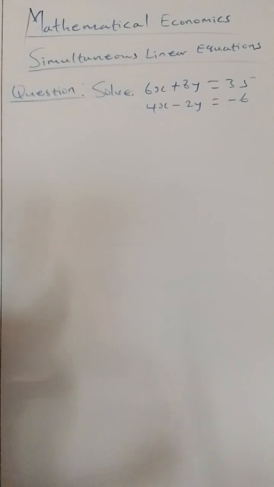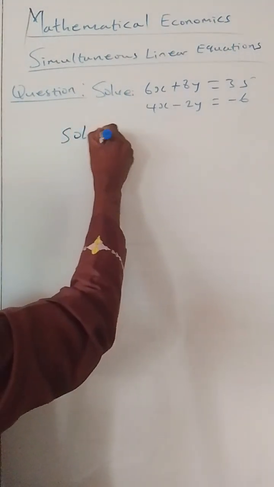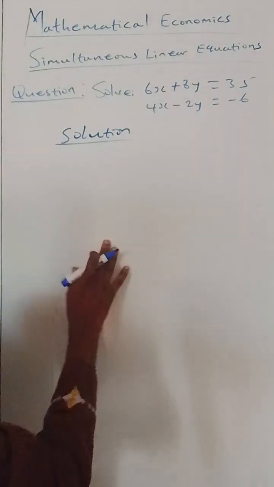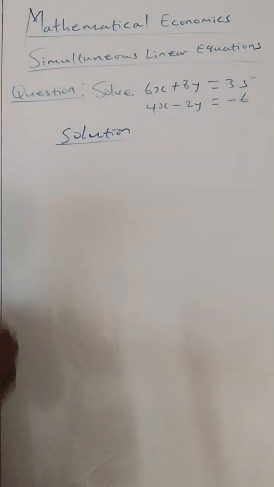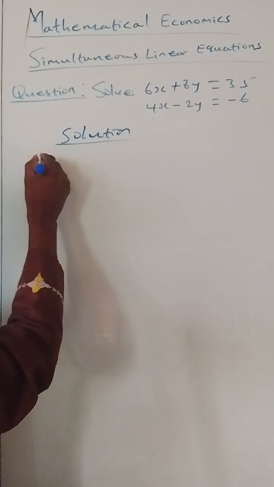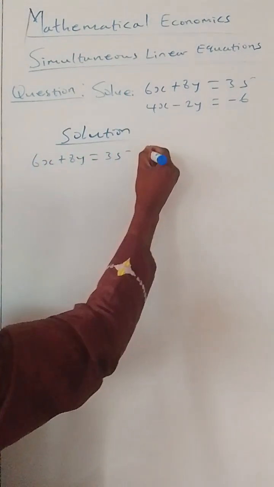So I'm going to solve this question now. There are different ways of solving this question, but the method that we are applying here is what is called the elimination method. The first thing is to rewrite the equations and number them. The first one is 6x plus 8y equals 35, which I call equation 1.